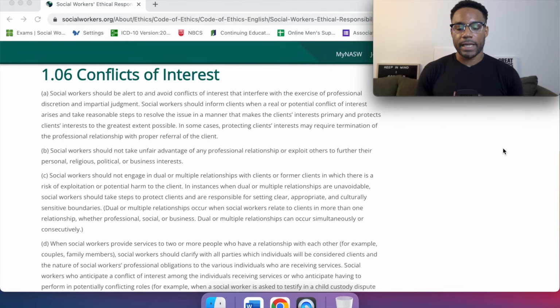So again, if the client has an issue with the relationship because of, let's say, you're dating someone that you didn't know was related to the client because they have different last names or whatever the case may be, and you find out months and months later, and let's say the client has an issue with it, or you have an issue with it as a social work professional, and you might be in the same environment because that person moved and now they're in it, all of this could happen, right?